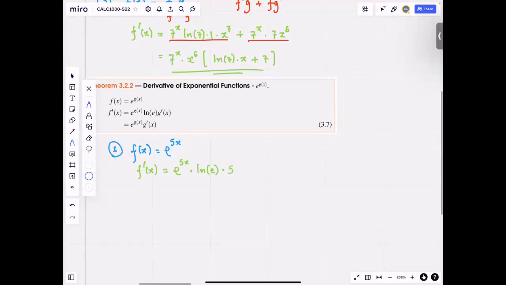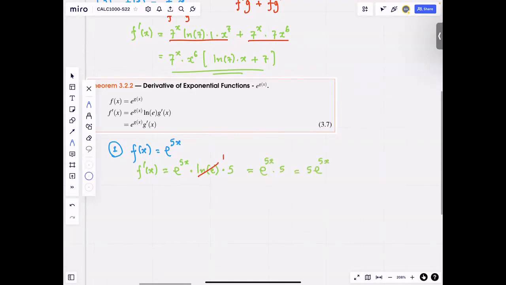Now, what is interesting about the exponential function with e is that ln of e is equal to 1. So in the most simplified version, this just becomes that times 5. In other words, I can write this as 5e to the 5x.